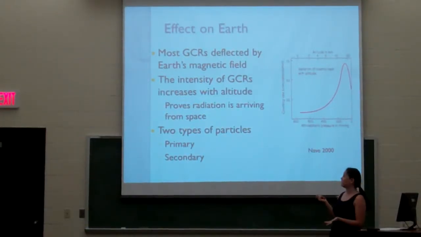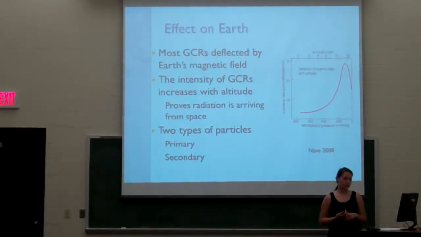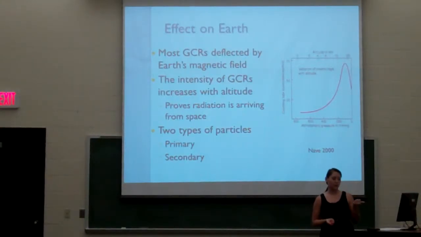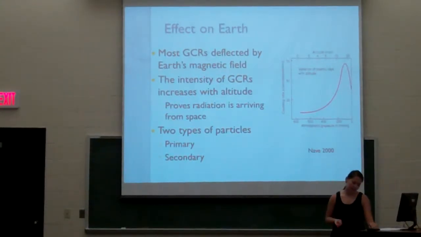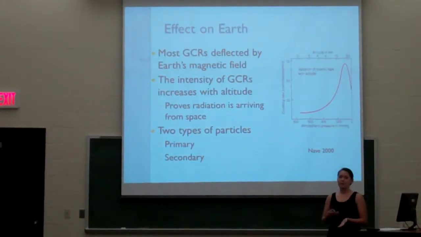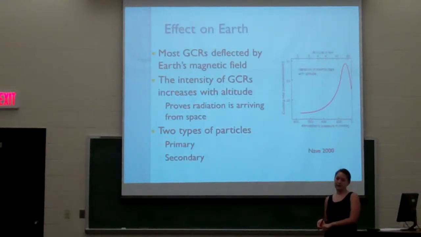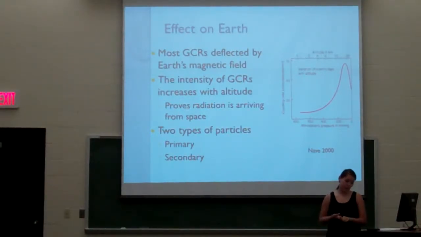This data proves that the radiation is coming from space, because as altitude increases, there's more radiation. And like I said before, there are two types of particles, primary and secondary. The primary ones arrive directly from space, and the secondary ones are primary ones that have collided with atmospheric nuclei and split into ions and other smaller pieces.